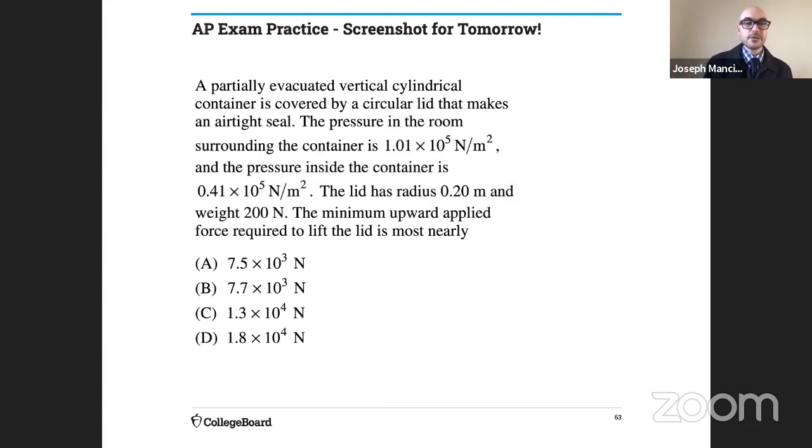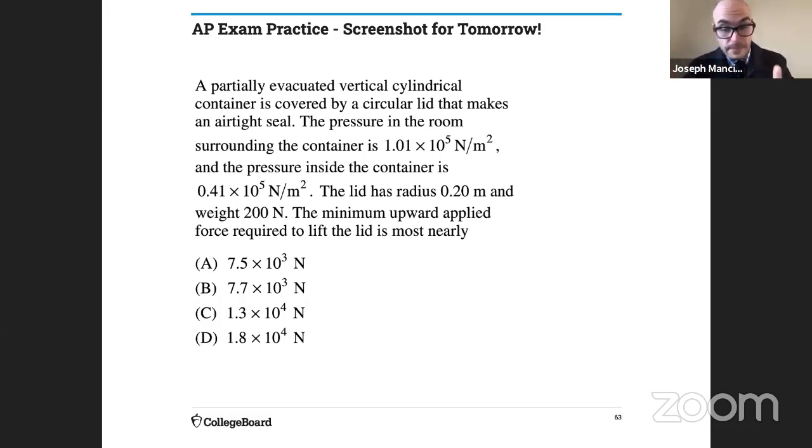A partially evacuated vertical cylinder. It's covered by a circular lid that makes an airtight seal. Think a tightly sealed bucket, and partially evacuated means the gas inside is at a lower pressure than the gas outside. So you have some data about the pressure. You have some data about the size of the lid. The question is, how much force will it take to open this bucket?